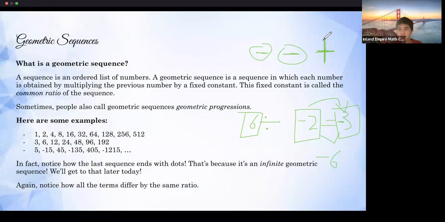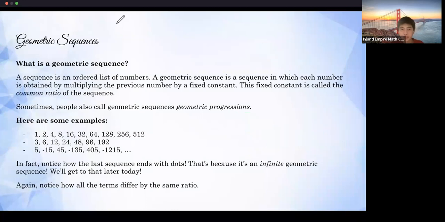So negative times negative equals positive. And that's just one thing we have to go over. Did you guys all understand that? Yeah? Okay, well, let's check some examples.